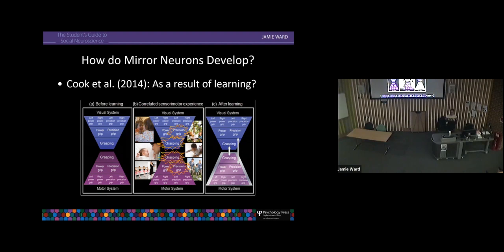That they learn that other people are like them. They would eventually see themselves in a mirror, and they would be able to then understand their own actions are mirrored in others. So here the idea is that they have separate visual systems and separate motor systems, and mirror neurons simply do not exist.